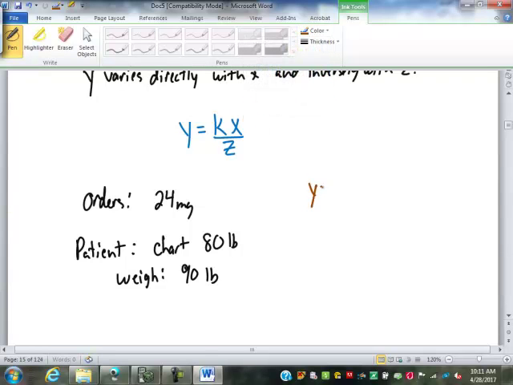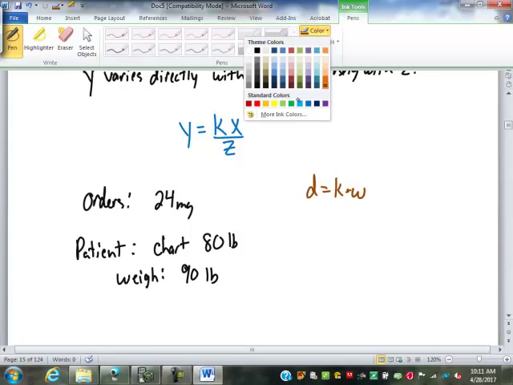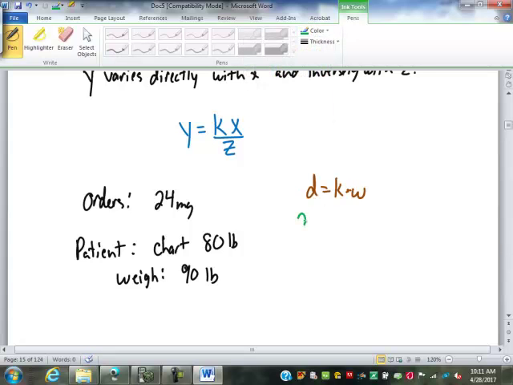The dosage varies directly with weight. So D is equal to K times W. So if the dosage was 24 when the weight was thought to be 80, divide out the 80.